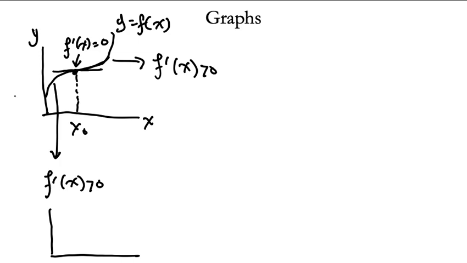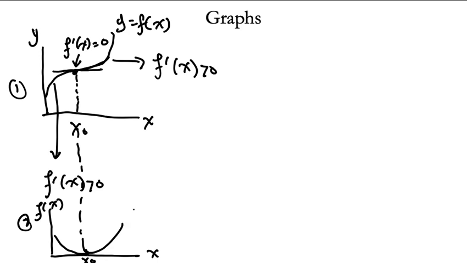Okay, so if we try to draw the f prime curve for the first graph, this is the second graph. So you have f prime x, and then you have x here. You can see that at the particular value of x naught, it looks like this. This is the graph of f prime x, or the marginal graph, and the other is the graph of total.